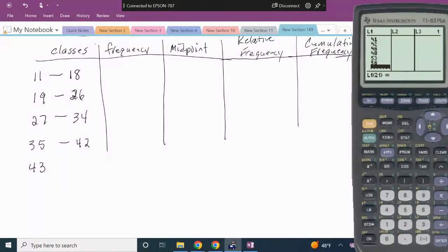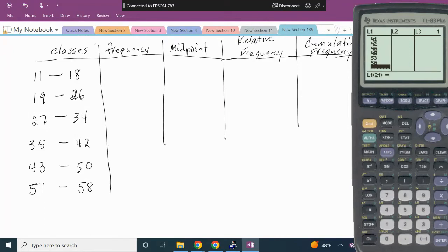So 43 plus 8 is 51. So the upper class limit for the fifth class is 50. And then my upper class limit for the last class is 58. Is everybody okay with that?